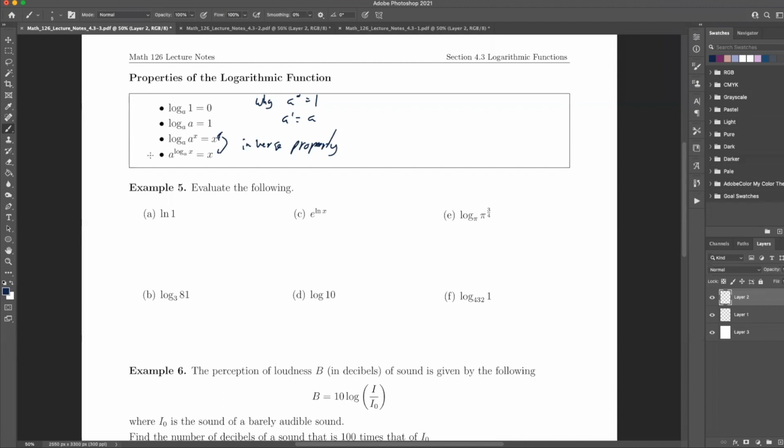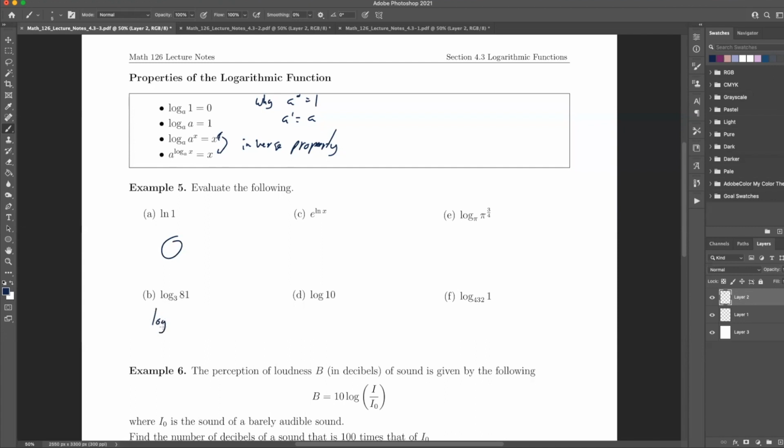That is basically saying the log is the inverse of the exponential, and the exponential is the inverse of the log, right? So let's evaluate some of the following. ln of 1 is 0. If I have log base 3 of 81, how am I going to solve this?